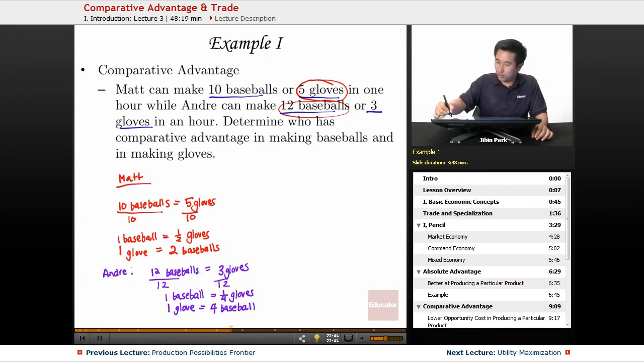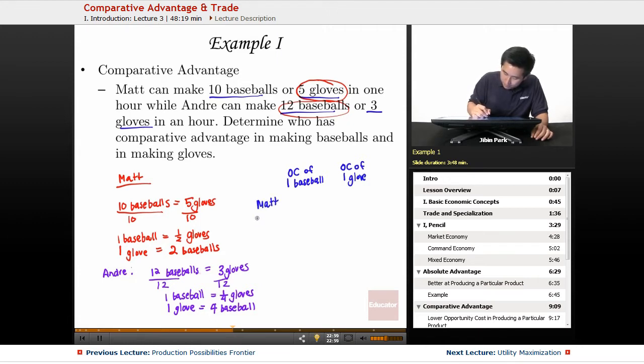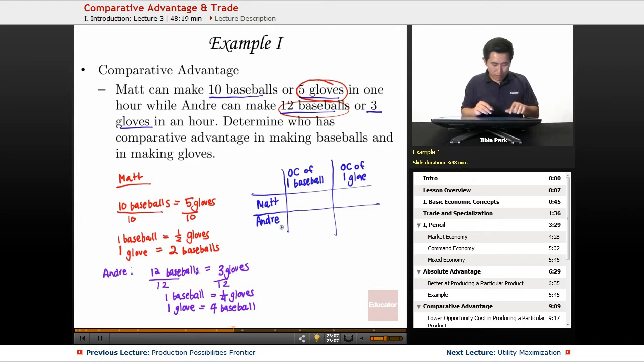Now again, you want to create this chart here. So the opportunity cost of 1 baseball, and you want to find the opportunity cost of 1 glove, and go ahead and put Matt and Andre right here. And you want to make sure you have a chart so that you can compare. So the opportunity cost for Matt here of making 1 baseball would be half of a glove.